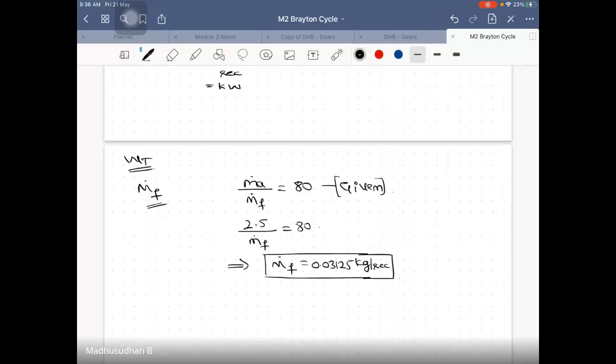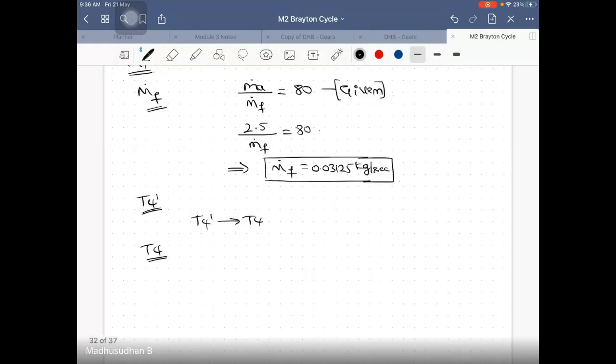Once you have calculated that, next you require the value of T4 dash. For T4 dash, you require the value of T4. So now T4 we have to calculate. How are we going to calculate T4?